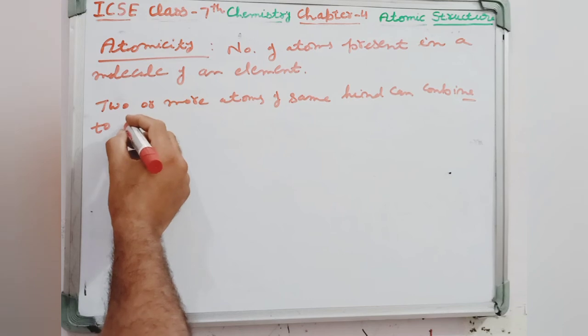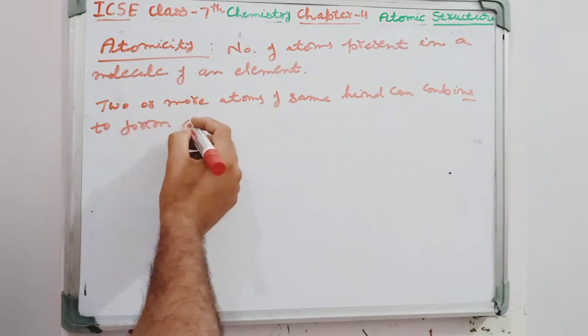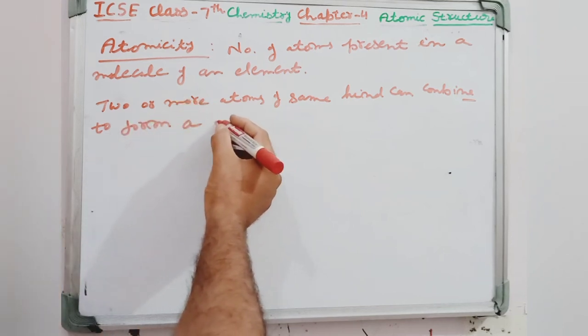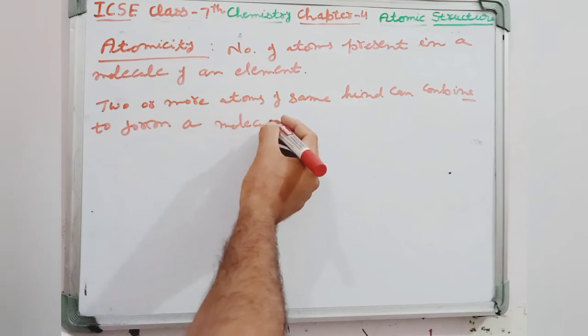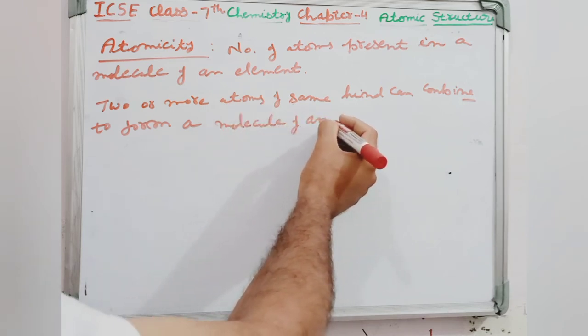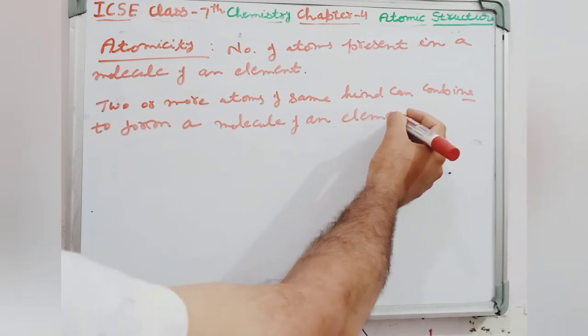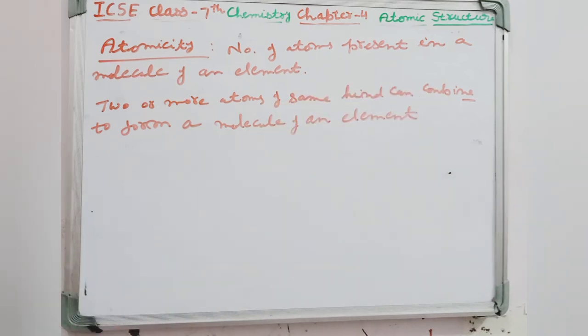To form a molecule of an element. Right? Two or more atoms can combine to form a molecule of an element.